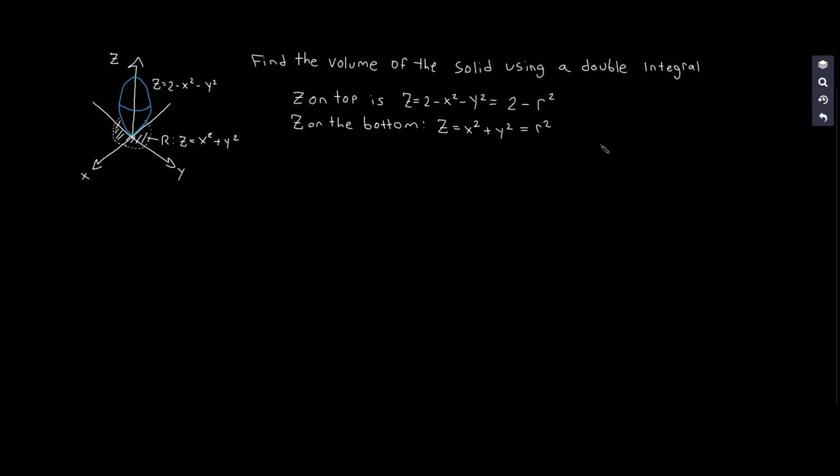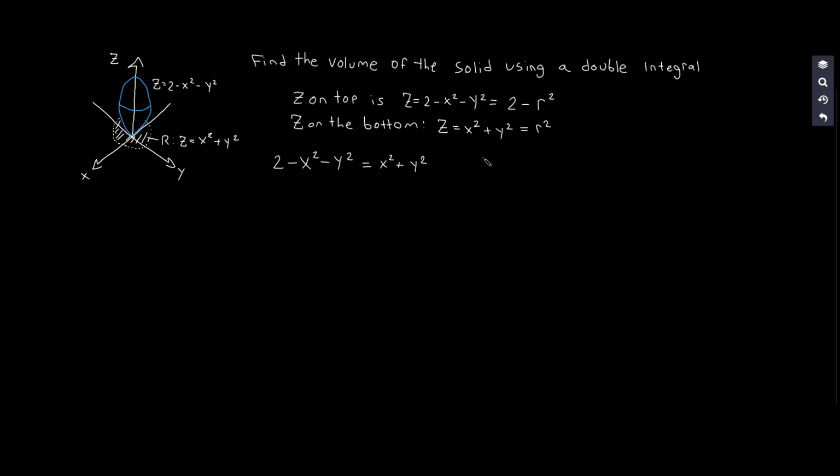So the region R is formed by the intersection of curves. So this region here is formed by the intersection of curves. And if that's true, then I could just set these equations equal to one another. So I want to say that 2 minus x squared minus y squared equals x squared plus y squared.